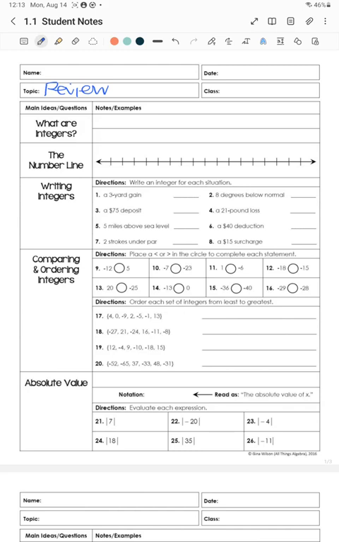So what are integers? Integers are whole numbers or a set of whole numbers. Whole numbers that include negative numbers.